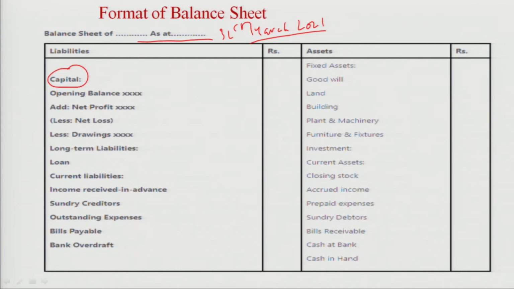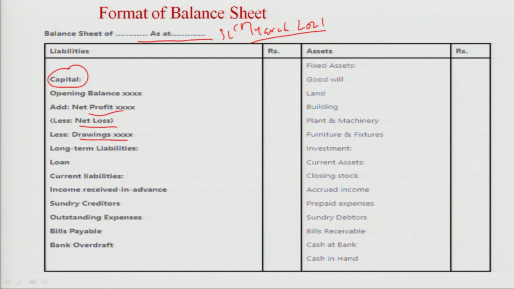Whatever capital we have, we write it here and then add the profit or less the loss. Then we also subtract, or less, the drawings. So, what are drawings?